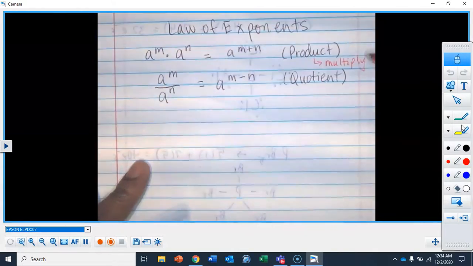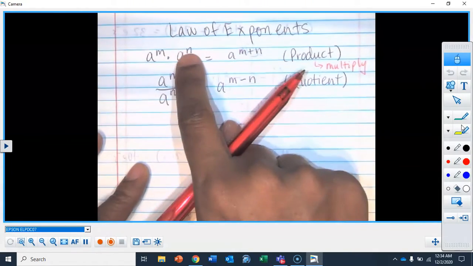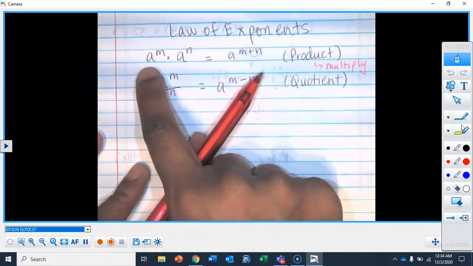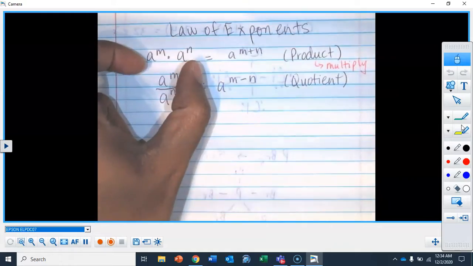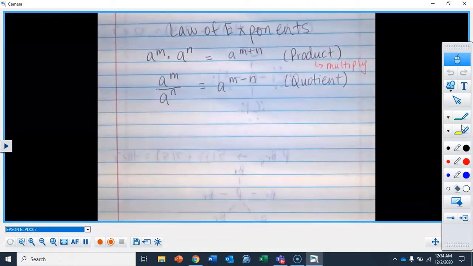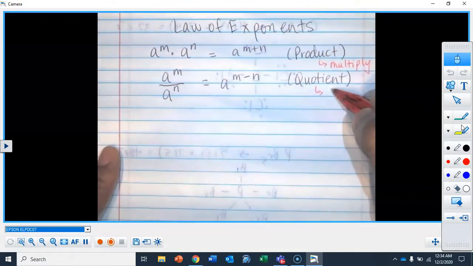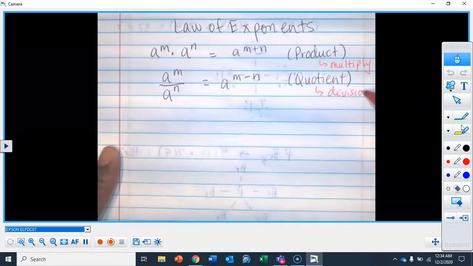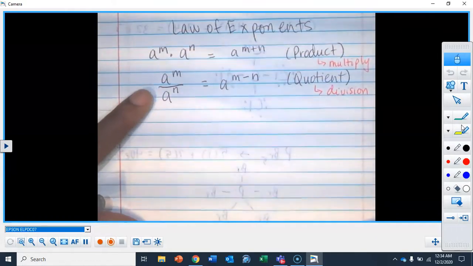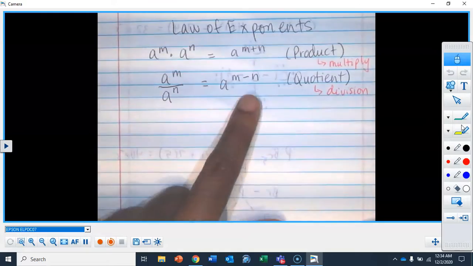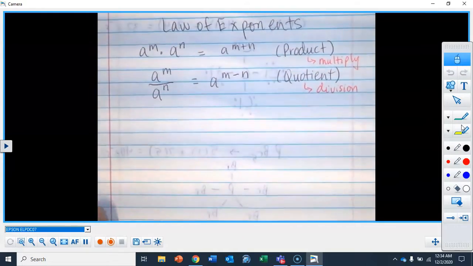And what are we multiplying? Exactly. Well, we're not multiplying the powers. No, we're doing addition. But it's the fact that the setup of those two, the base and exponents, their multiplication here. That's the product. And so you add the exponents. The word quotient is another word for division. So as you can see in this law, you see that there's a fraction or some division happening. And then you subtract the powers. All right, let's go to the next one.